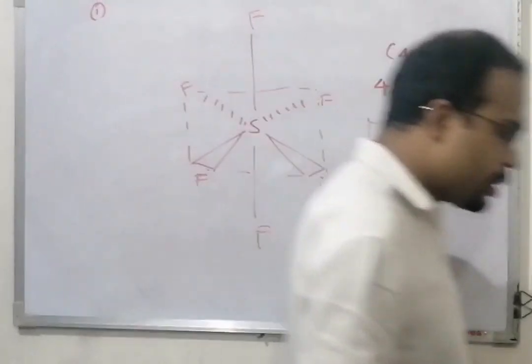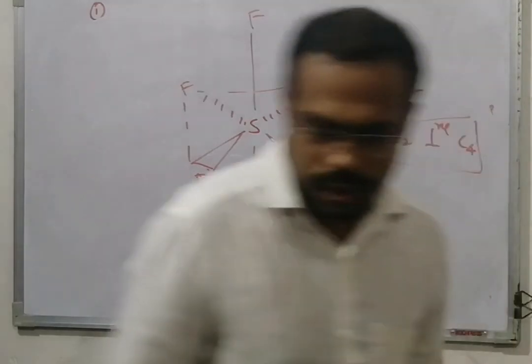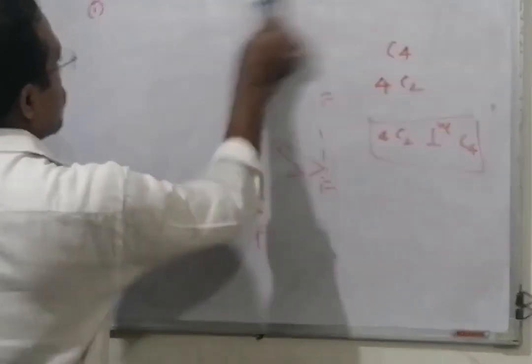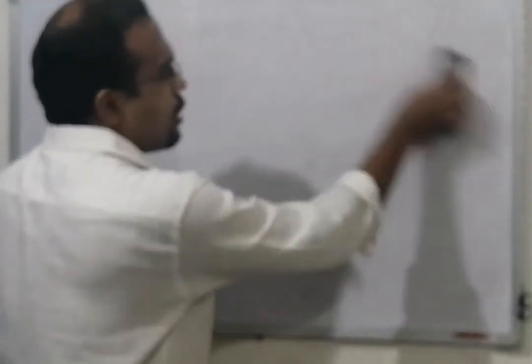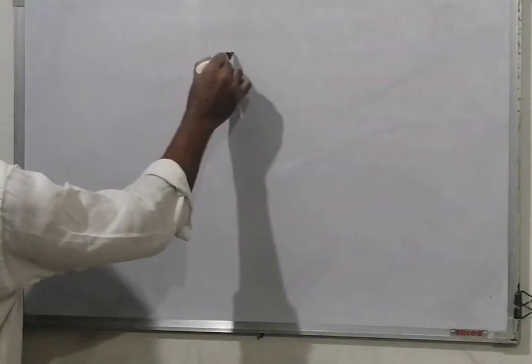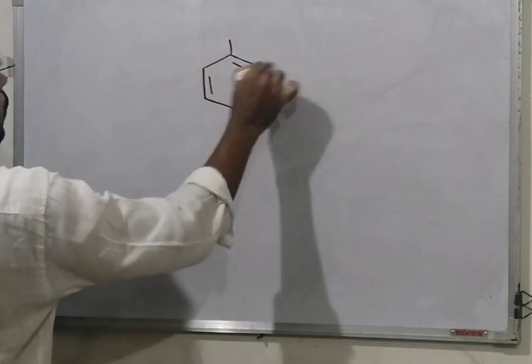Okay, this is all about our axis of symmetry. I think this video will help you to get more examples. See benzene ring, for address point of view, I will tell you.